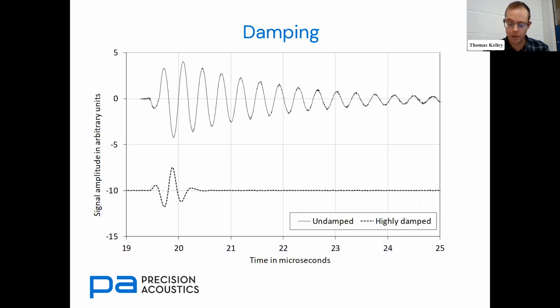Perhaps not strictly immersion or contact, but they still very much benefit from low levels of damping, highly resonant structures. In contrast, this bottom trace here shows a much shorter impulse response, which corresponds to the higher bandwidth. So this would be great for imaging, time of flight resolution, but probably not that great for a high-powered application.